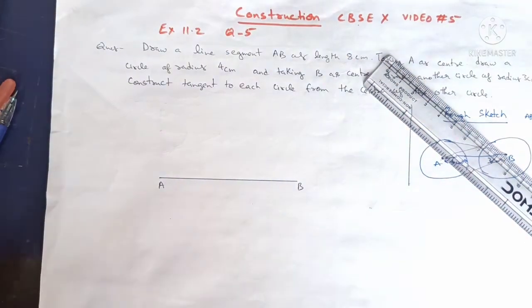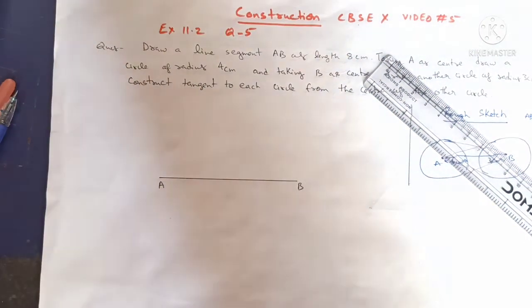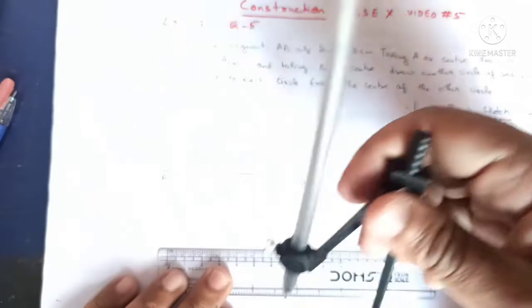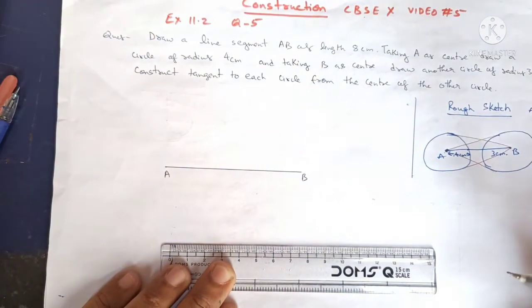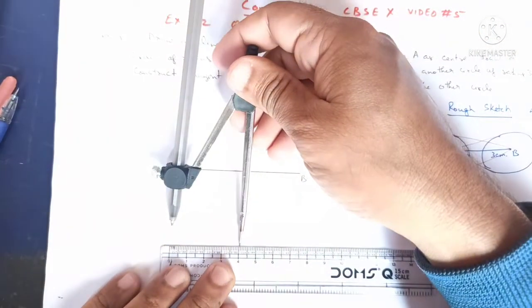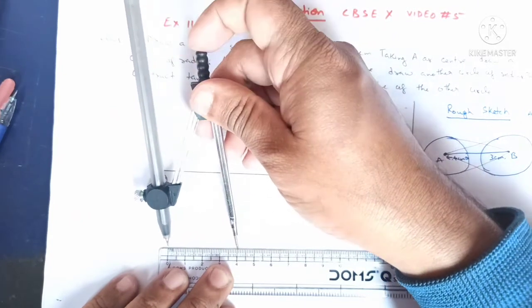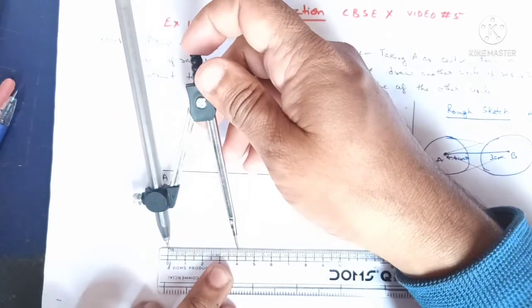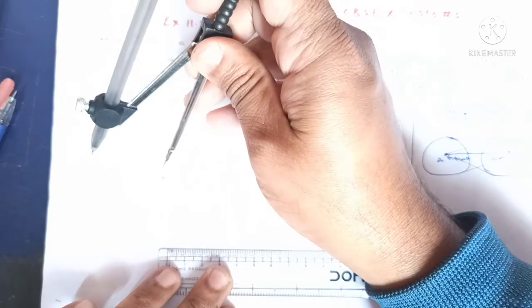Now with A as the center, we take a radius of 4 centimeter and draw a circle like this.